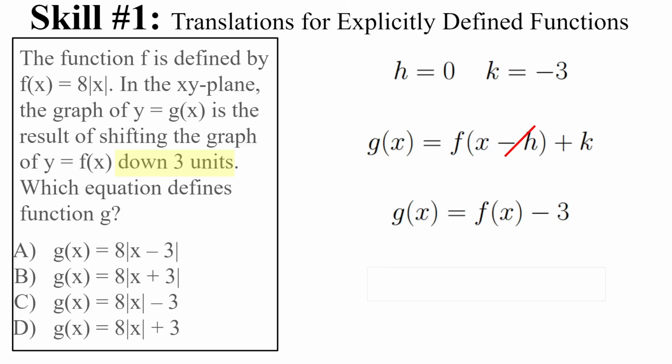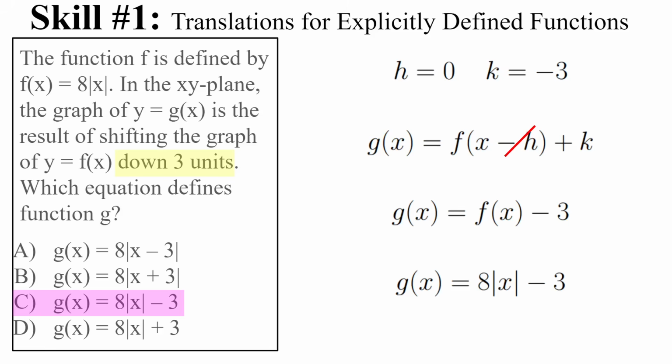We're just going to now substitute whatever f of x is. F of x is 8 absolute value of x. So we get g of x is equal to 8 absolute value of x minus 3. And that's looking a lot like answer C. So you can see how this would maybe get really confusing if we went straight to the answer choices. Writing this down carefully and going through this very systematically makes these problems a lot easier.